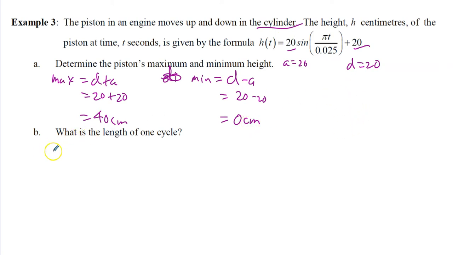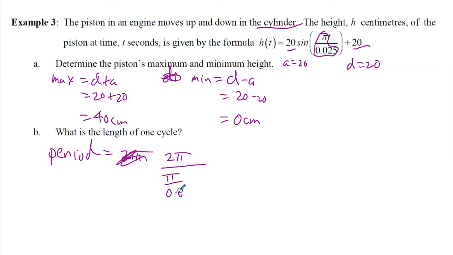Okay, so period is 2 pi over b. So the b is pi divided by 0.025.